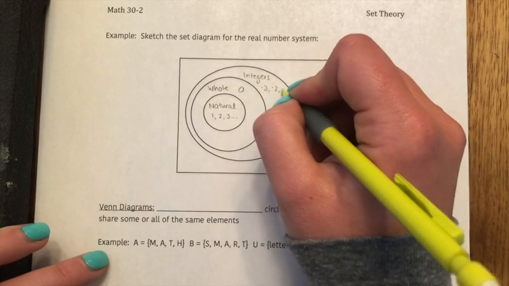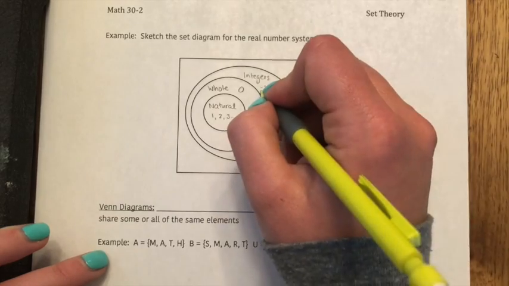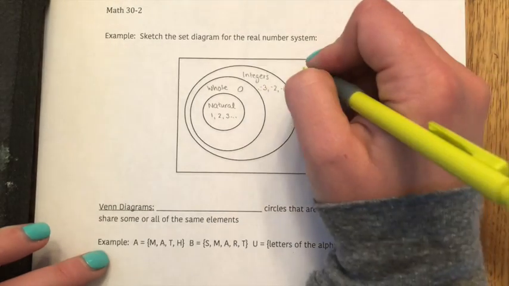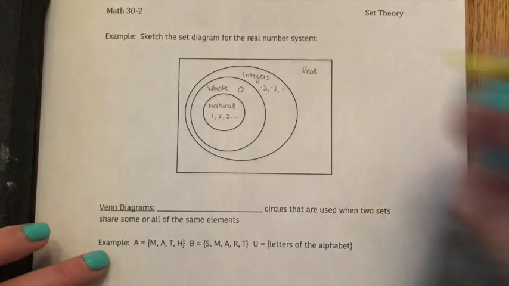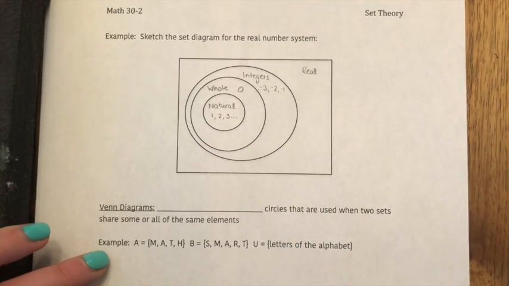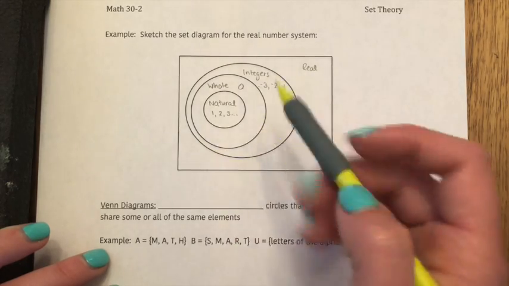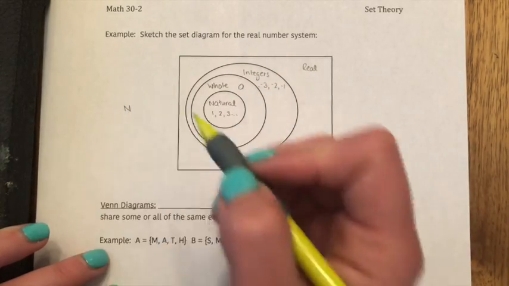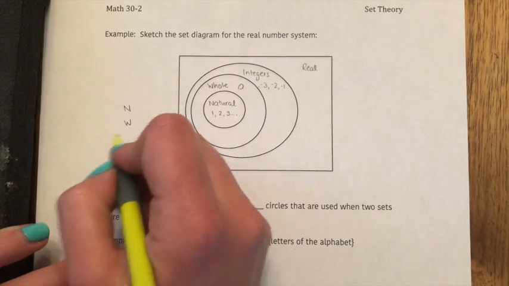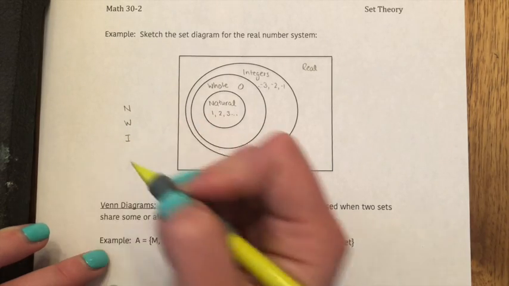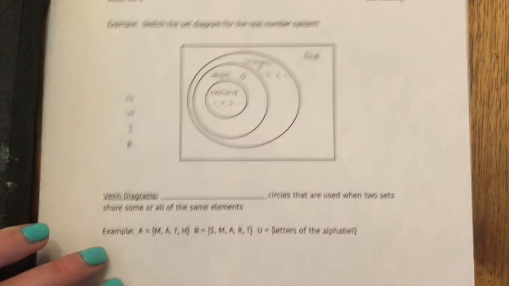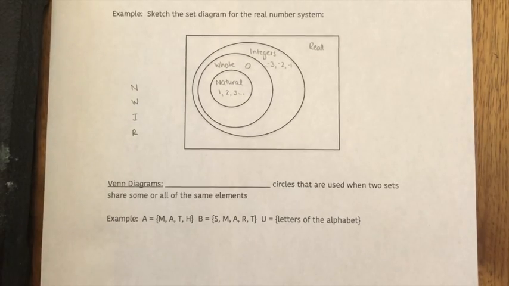So -3, -2, -1, and then everything below that. And then we have the real numbers. So that includes all of our fractions, decimals, and everything else. So that's how those are nested. Natural is N, whole is W, integers is I, and real is R.